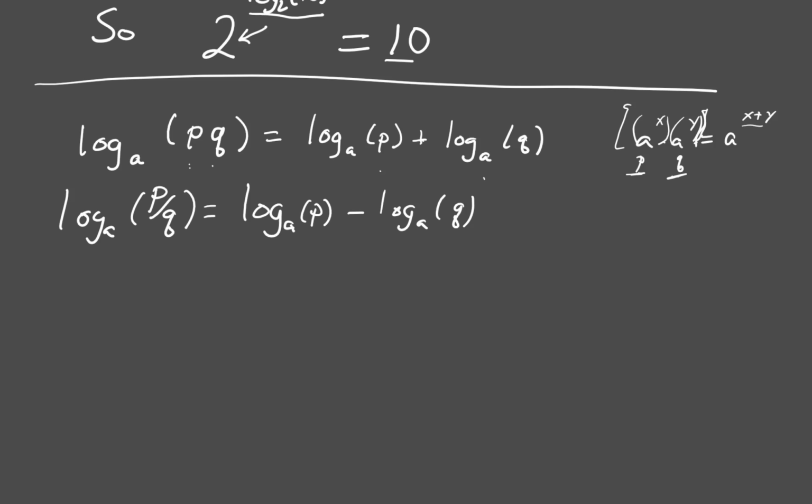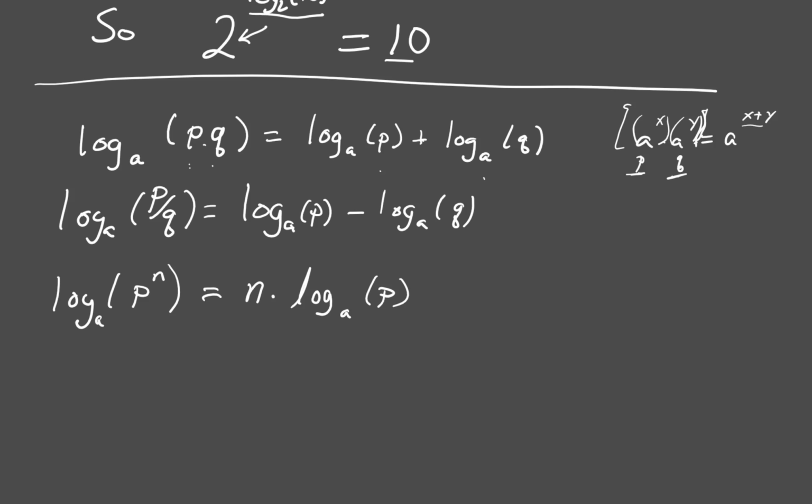This is a logical statement. Okay, log base a of p to the nth power. Well, this is just repeatedly applying that first rule. I have p times p times p a bunch of times, so I add up that exponent n times: n log base a of p.